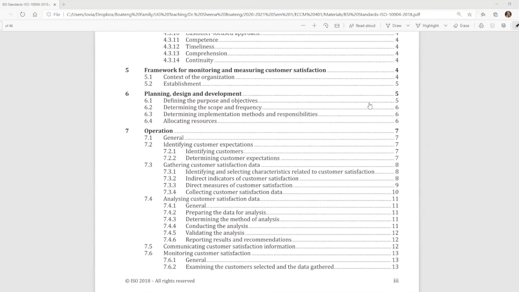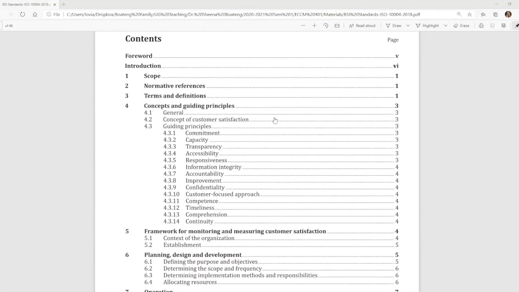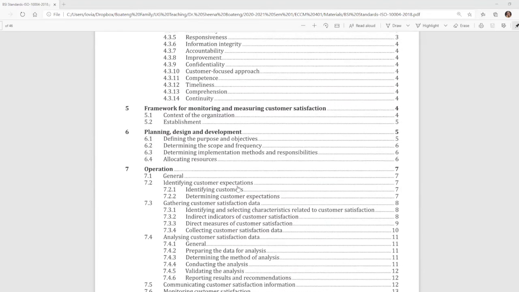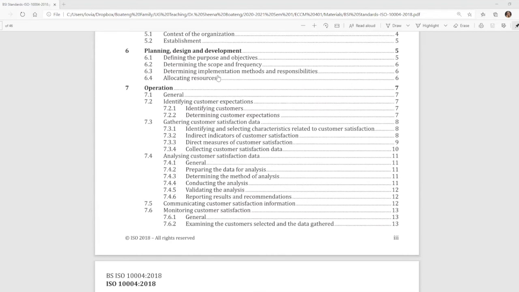You see the various sections in the document. It gives us the scope of the document, the normative references, the terms and definitions, concepts and guiding principles, the framework for monitoring and measuring customer satisfaction, planning, design, and development, and then the operations.